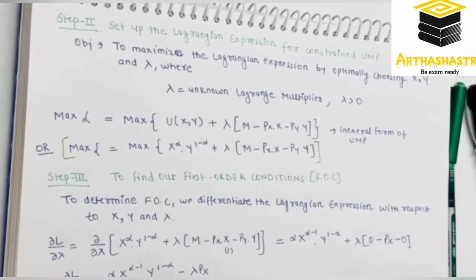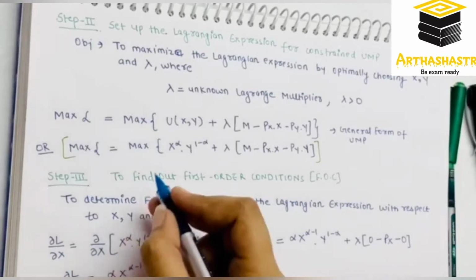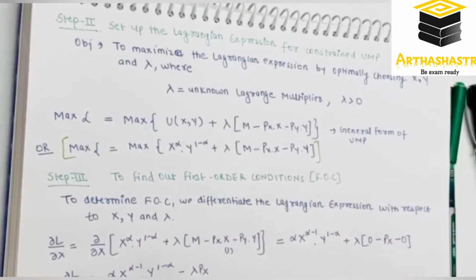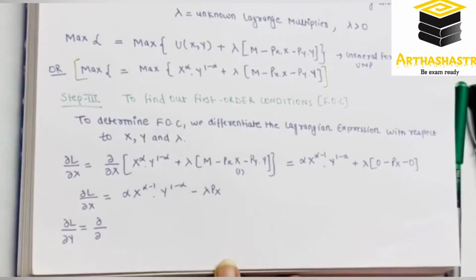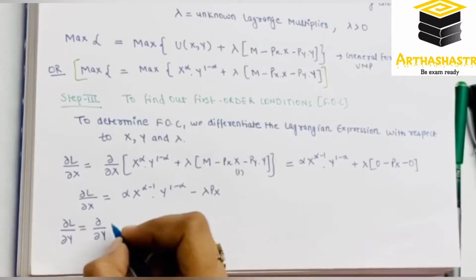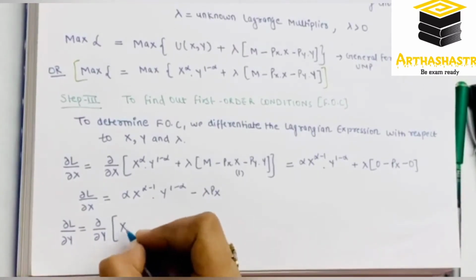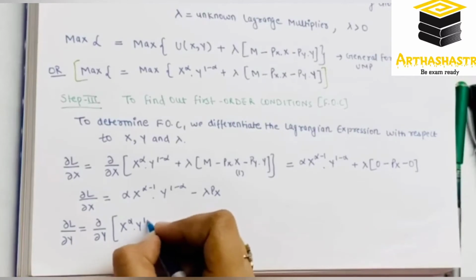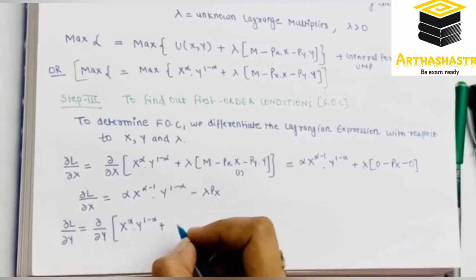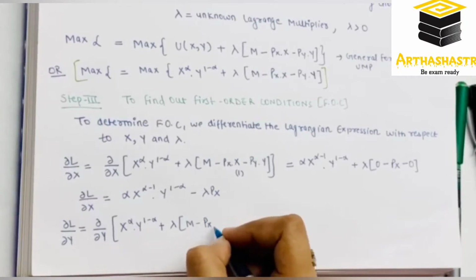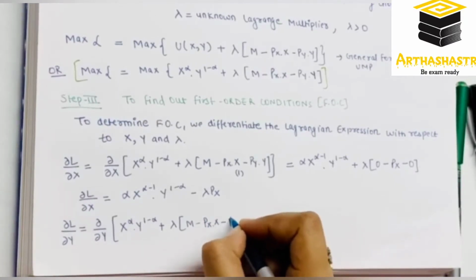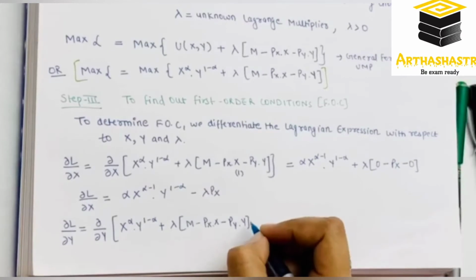Okay, similarly we can differentiate it with respect to y. The partial derivative of the whole Lagrangian function with respect to y: del by del y of x to the power alpha times y to the power 1 minus alpha plus lambda times m minus px times x minus py times y.